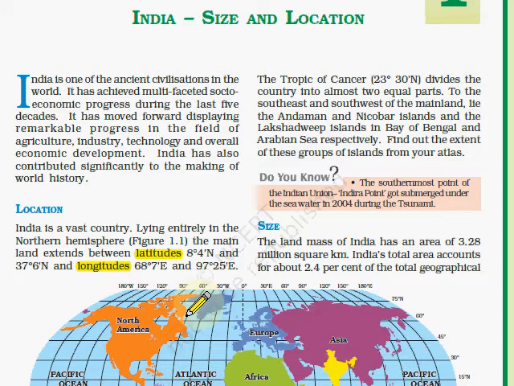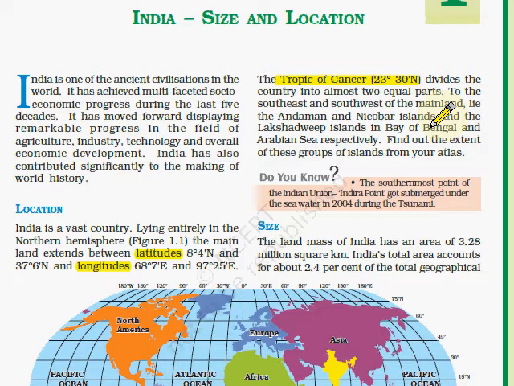One of the important lines which passes through our country is the Tropic of Cancer, at 23 degrees 30 minutes north. The other two are the Equator and the Tropic of Capricorn. The Tropic of Cancer divides the country almost into two equal parts.